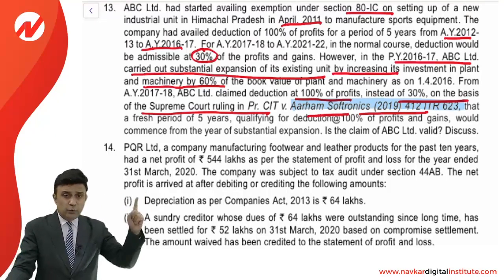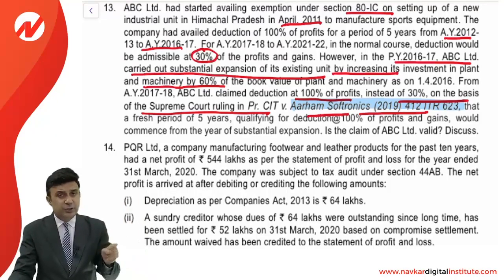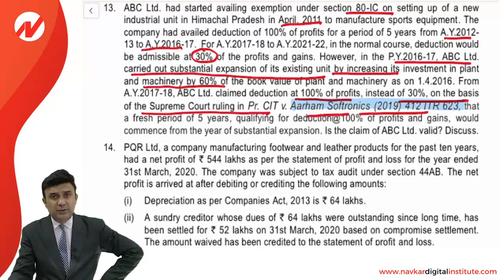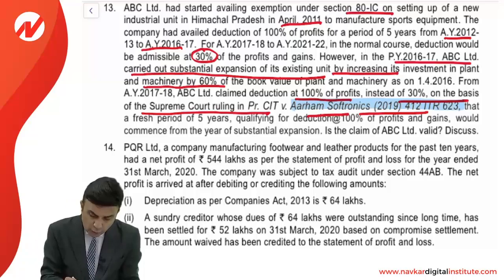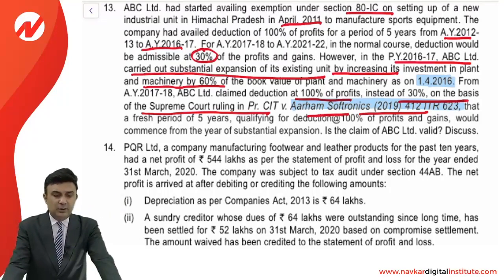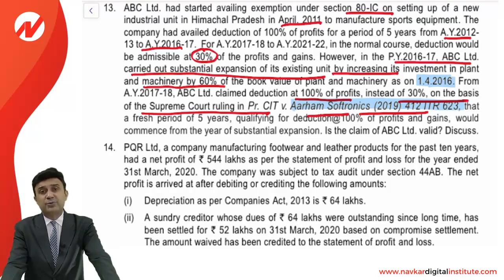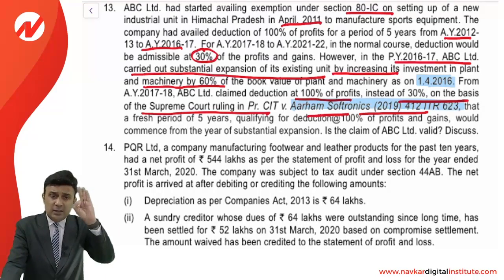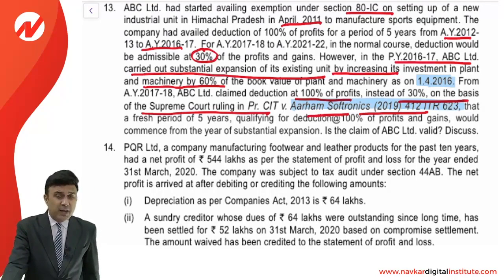That is the day up to which you have to start the business, or you have to start the unit, or you have to undertake the substantial expansion. As your substantial expansion has taken place in the year 2016, friends, the assessee is not fulfilling the condition of substantial expansion, and hence my assessee has to settle at 30% only for the remaining 5 years.